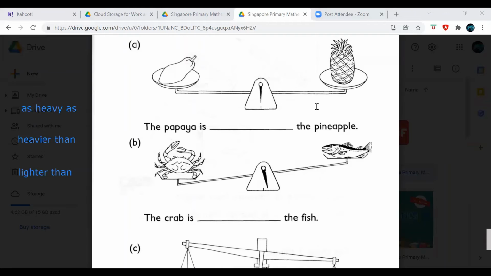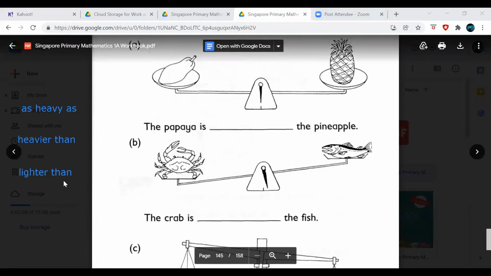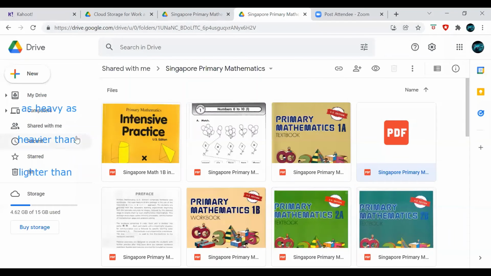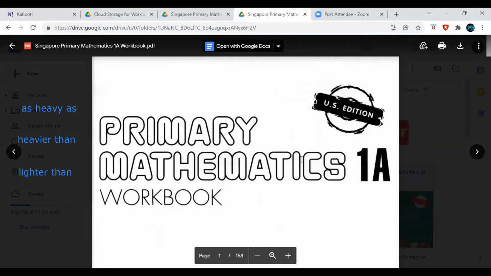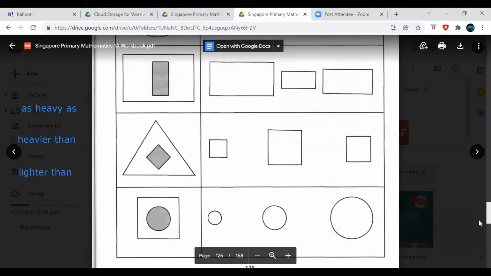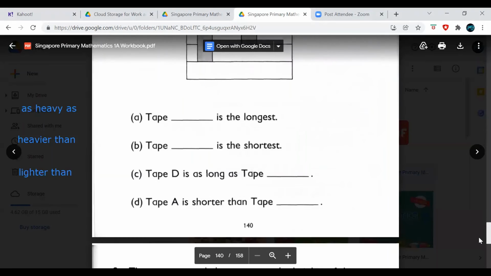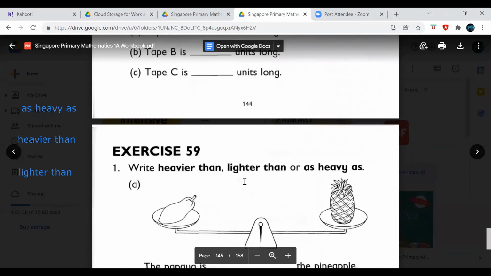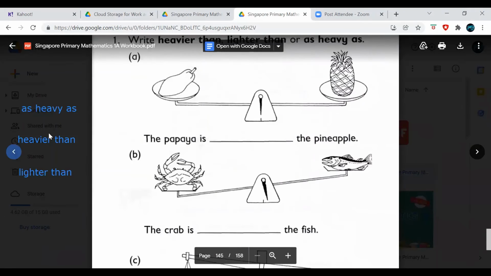Heavier? Heavier, perfect. So we can put heavier than over here.